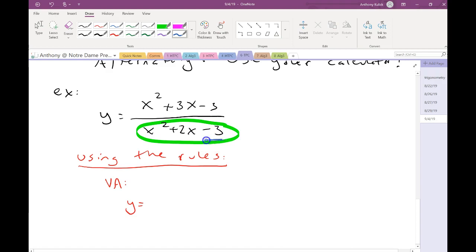So we need to find two numbers that multiply to give me negative 3 and add to give me positive 2. Does anybody recognize two numbers that satisfy that? 3 and negative 1. Does everybody agree with that? So I can factor the denominator as x plus 3 times x minus 1.